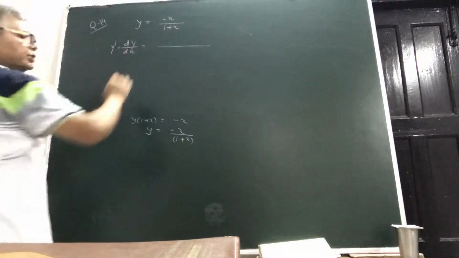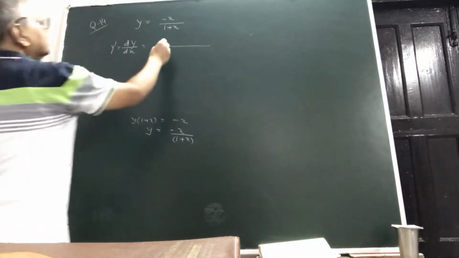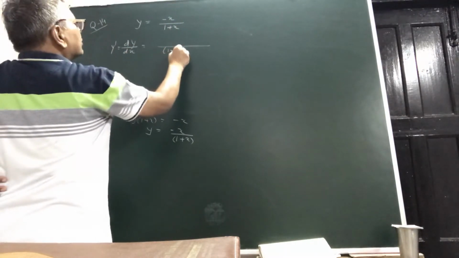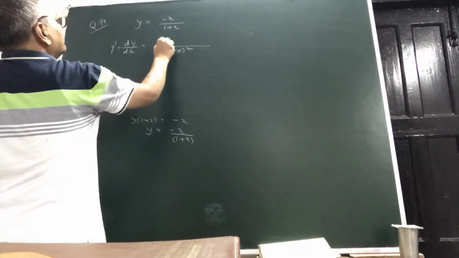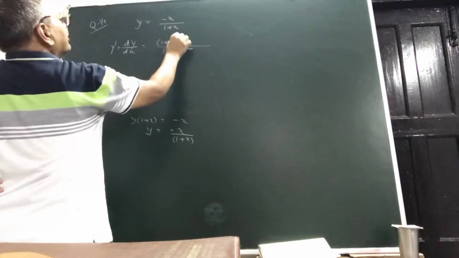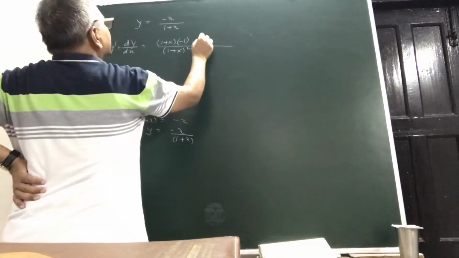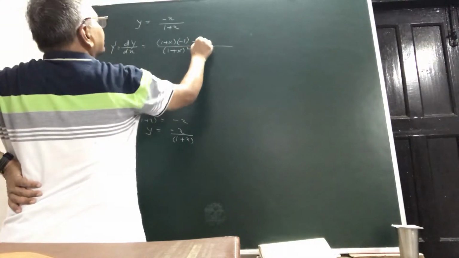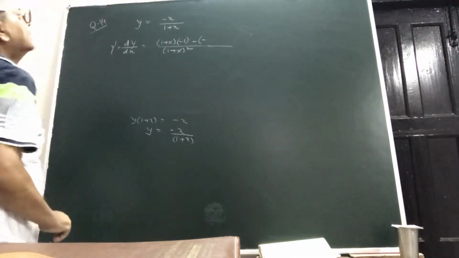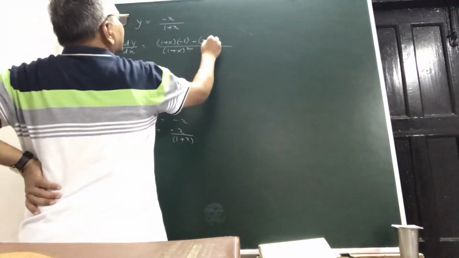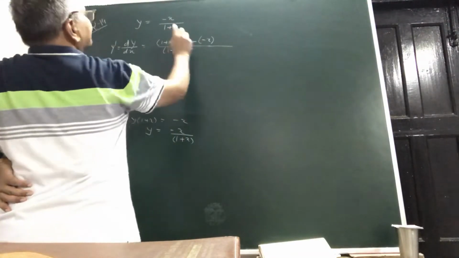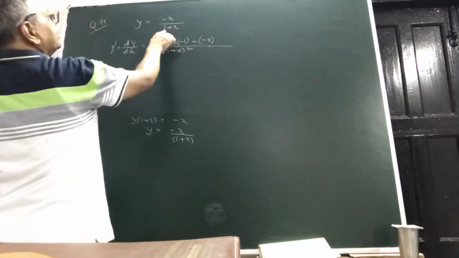It is in the quotient form, so obviously the denominator is squared, 1 plus x whole square, into 1 plus x times the derivative of the denominator, that is minus 1, minus the numerator, which is minus x, times its derivative, which is 1.